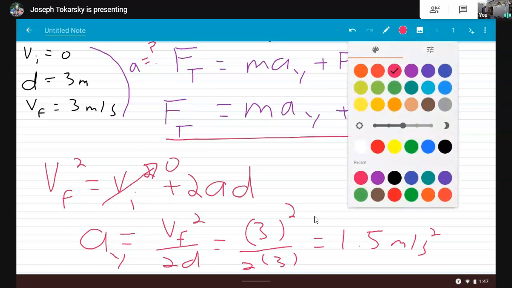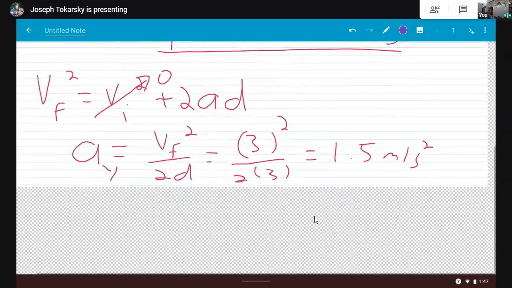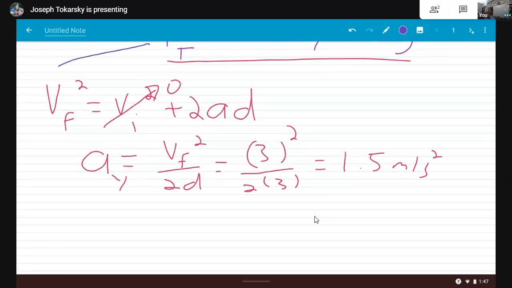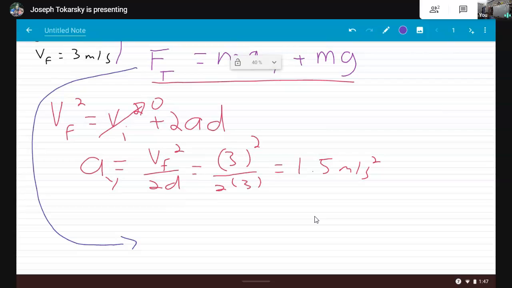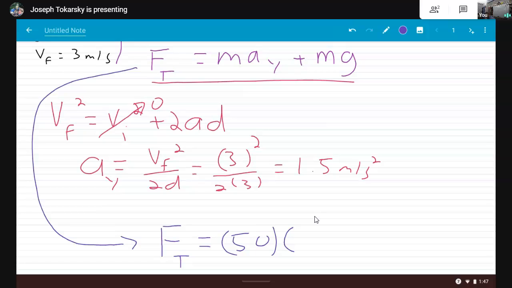Now we use that. So let's go back to my originally determined formula and just bring it down here, okay, and plug into it. And get this all on one screen. So now that we have that acceleration, we can find this. The tension is equal to the mass of this bucket, 50 kilograms, multiplied by this acceleration we found through the old methods, plus 50 times 9.8.